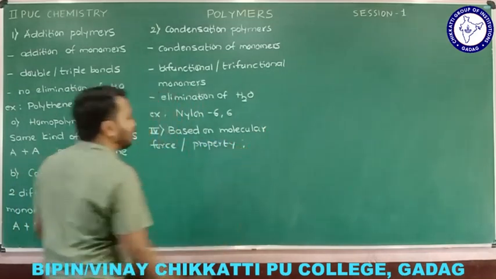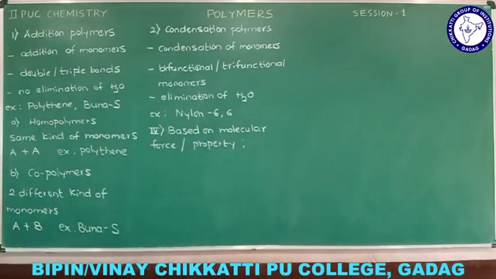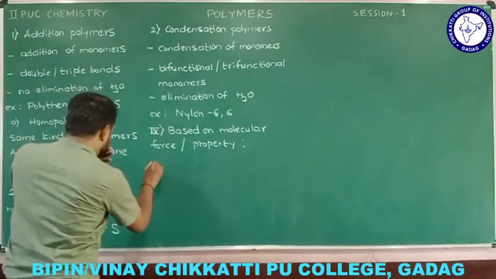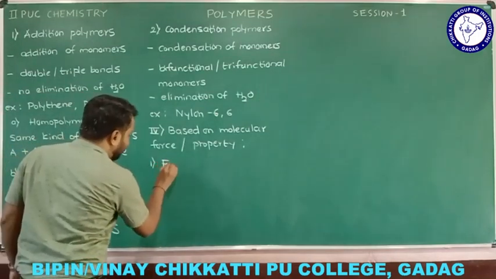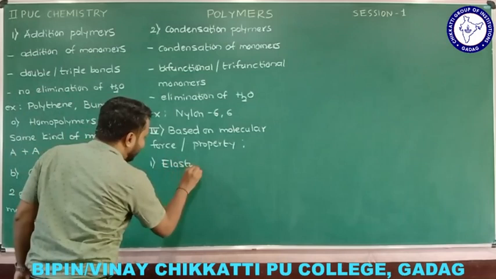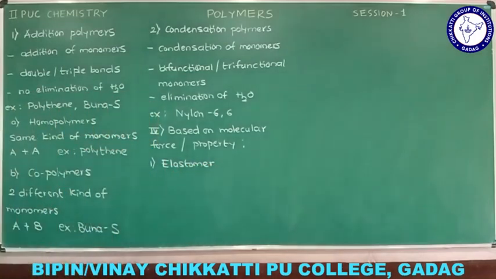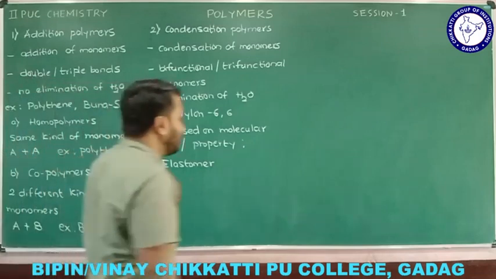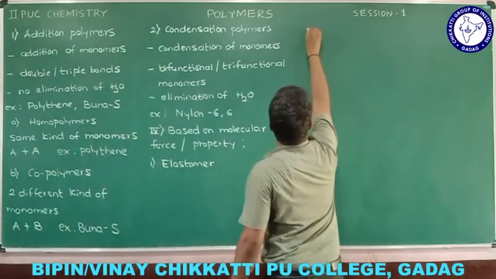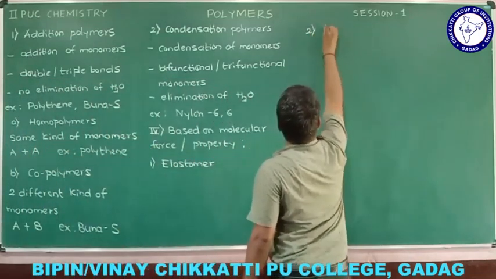So based on molecular force or property, how are we going to classify the polymers? One by one we will see. The first one I am going to write here is elastomer. The second one will be fiber.